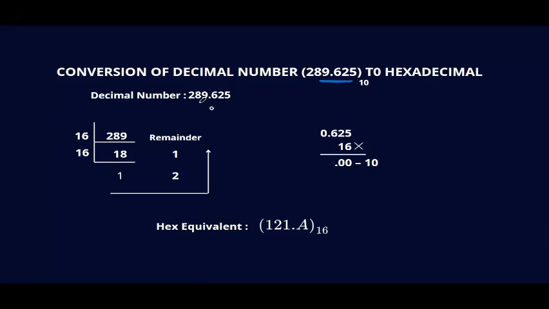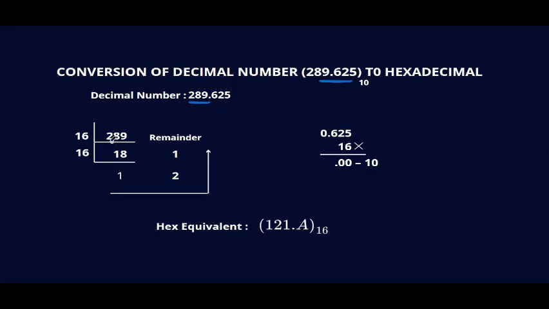The integer part 289 is divided by 16 until the quotient is less than the base 16, and the remainders in the reverse order will give the hexadecimal equivalent.